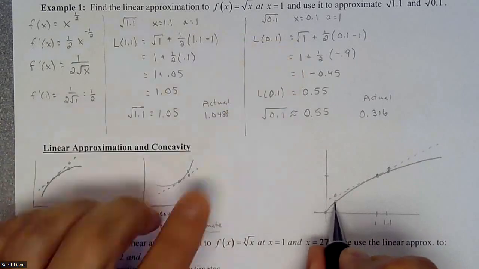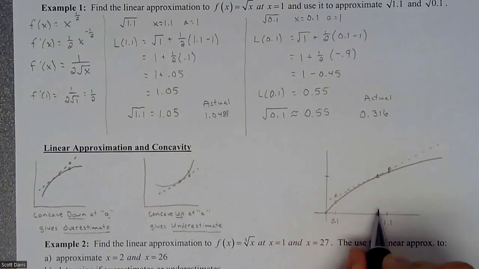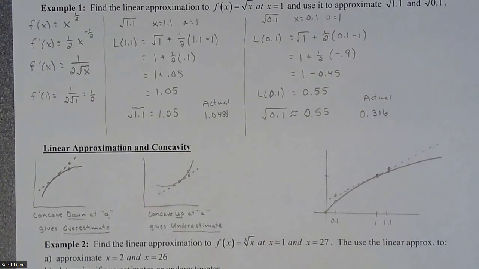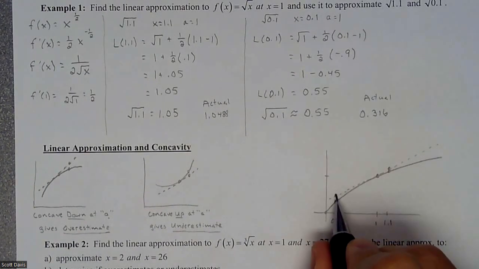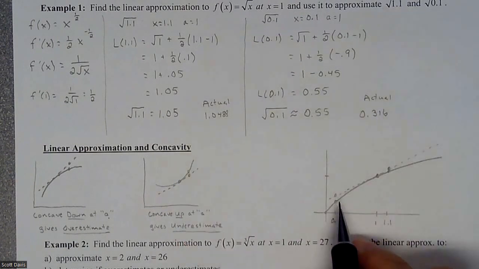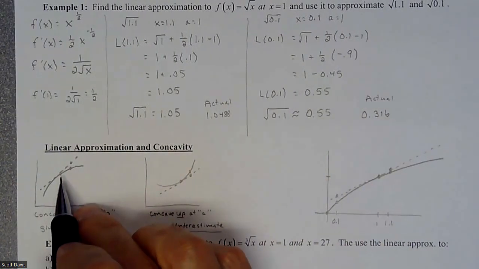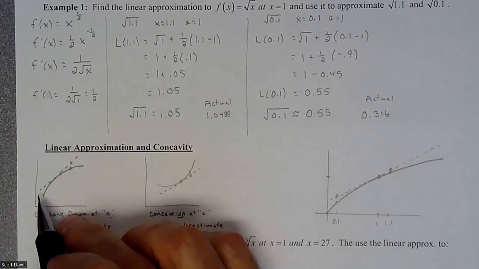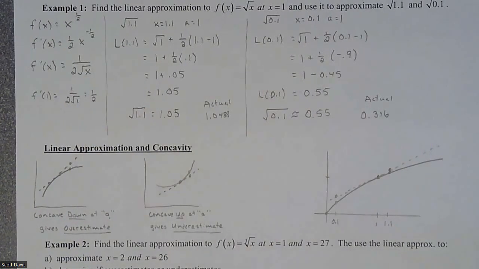So the further away we are from this nice value that we're using, the more inaccurate we're going to be. And because of the concavity, we're still getting an overestimate, just like we assume we should, right? If we have a concave down at that section, we're going to get an overestimate. So no matter what, we're going to be at a higher point than the actual curve.